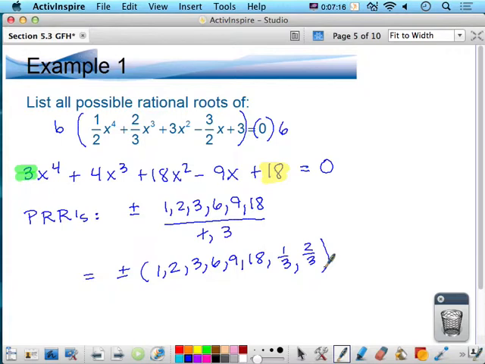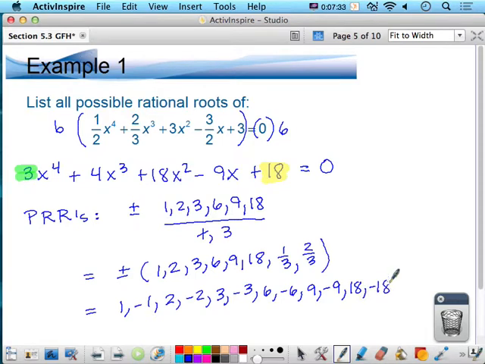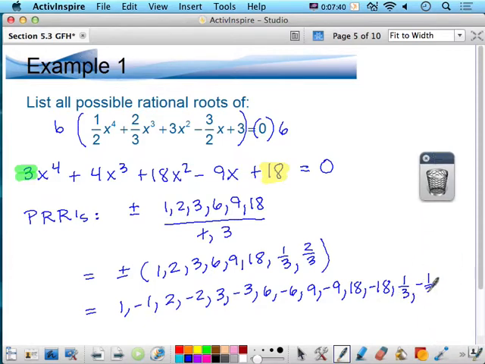If we distribute the positive and the negative, that gives us 1, negative 1, 2, negative 2, 3, negative 3, 6, negative 6, 9, negative 9, 18, negative 18, 1/3, negative 1/3, 2/3, and negative 2/3. And that is the list of all possible rational roots.